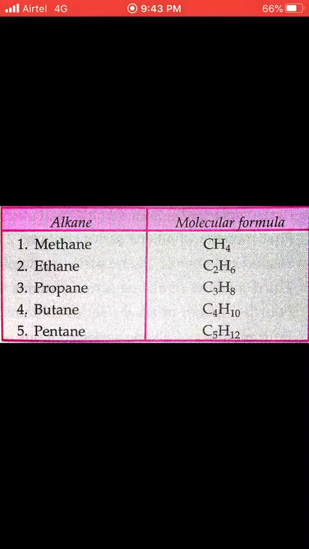That's why, when CH2 is the only difference between the compounds, those alkanes are considered to be in a homologous series. The difference is CH2, one carbon and two hydrogen.